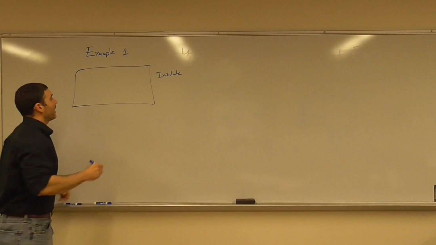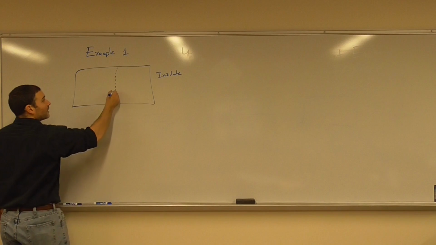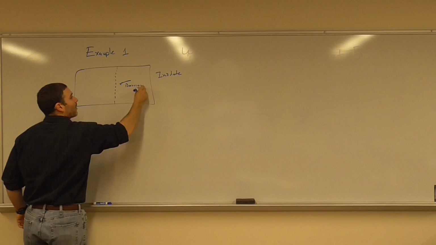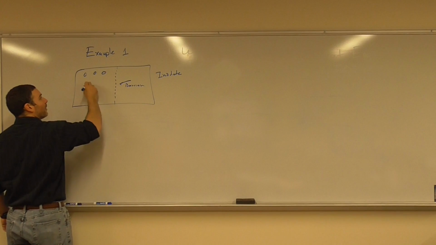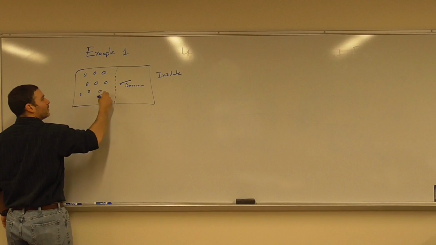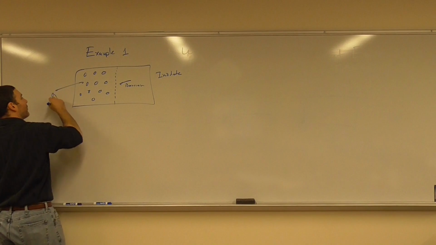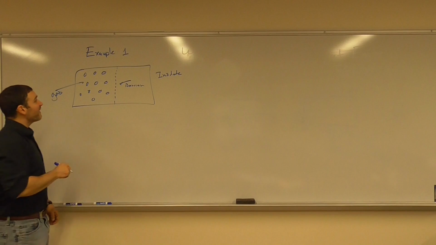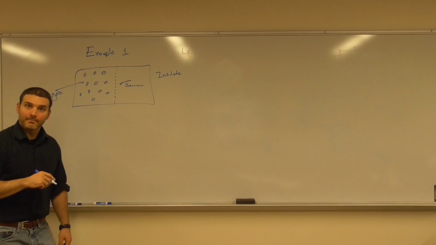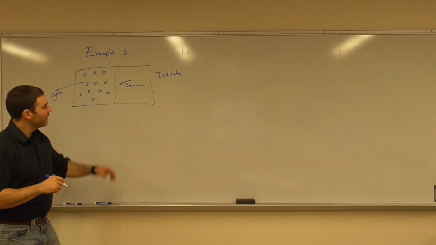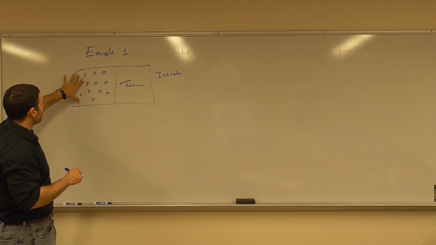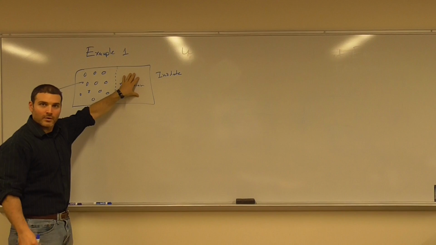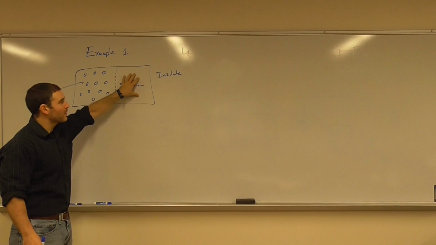And I'm going to put a barrier here, and I'm going to trap a bunch of gas molecules on one side at the beginning. Okay? Now, this is a very ordered system. By that I mean, I know that all the gas is on the left side. It's not over here. Okay?